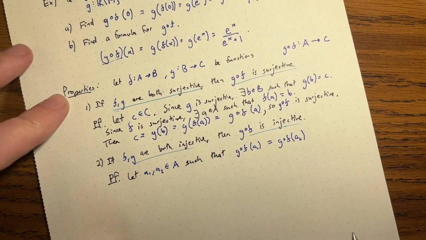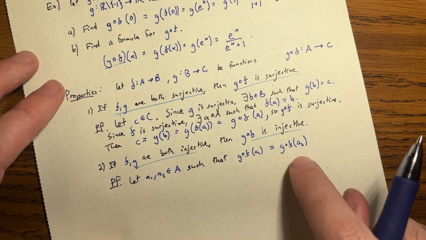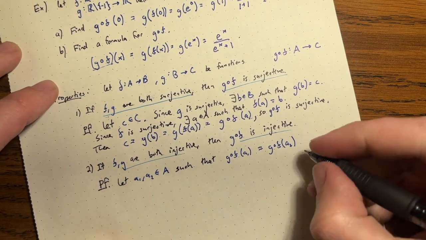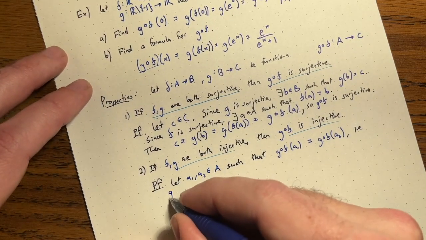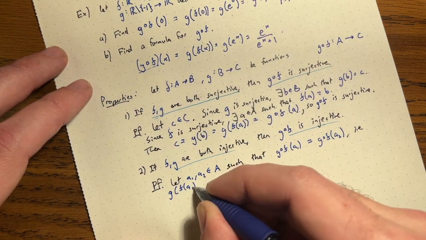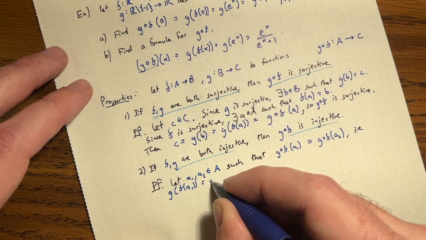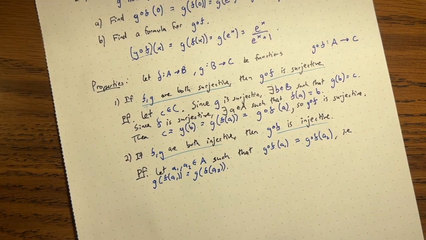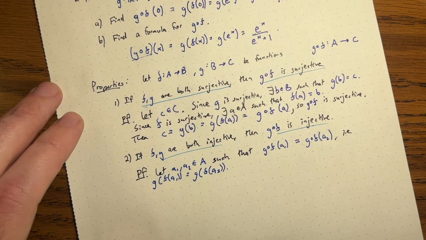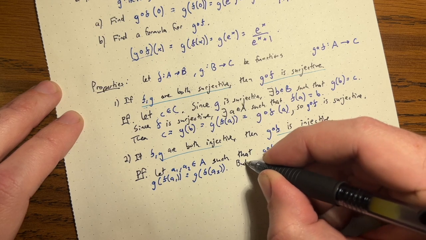Okay, well, what do we know? So we know that F and G are both injective. Let's first rewrite this. So, i.e., G of F of A1, by definition of the composition, equals G of F of A2, right? But G is injective.